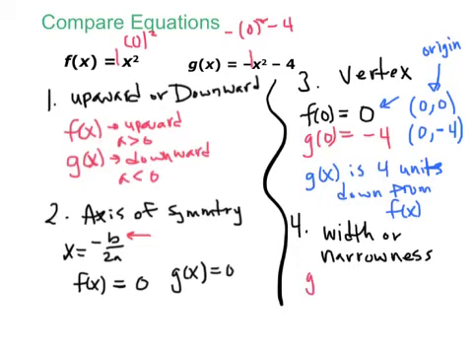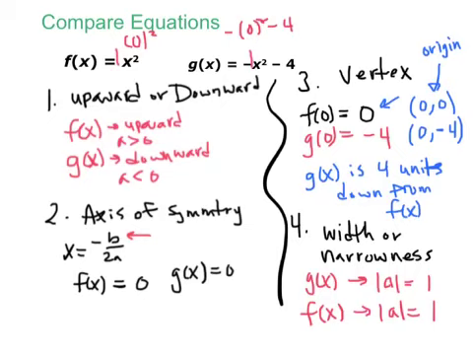Remember, g of x has an a value that is equal to negative 1. And so we would say the absolute value of a for g of x is equal to 1, because that's negative 1. The absolute value of a for f of x is also 1. So basically these have the same width. There's not anything different about the width of these two graphs.